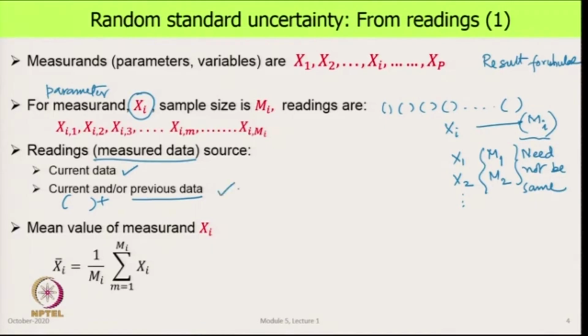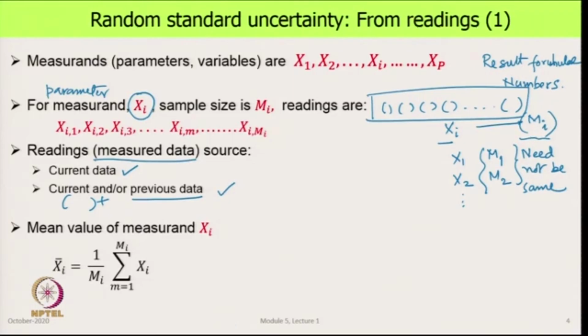So, this is the second way in which we can get the data that we are talking of. And based on this data, we then start a processing. And what is this data? For each measurand xi, we have these numbers which are there. These are hard numbers, values if you want to call it.